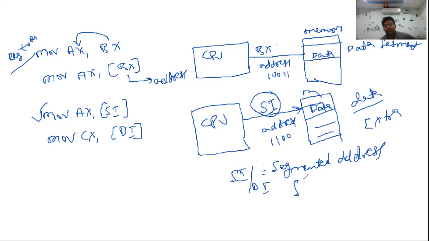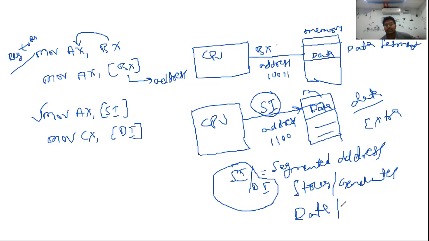It stores or generates the segment address. But here these two are responsible for the data segment register, data and extra segments, and point to the data and extra segment.